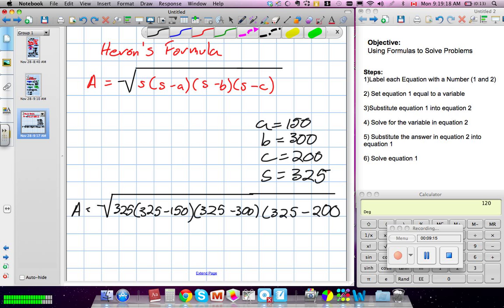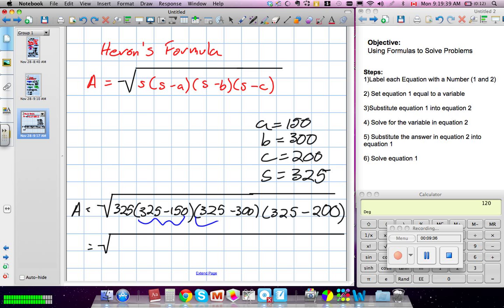Remember, when we go to solve this, we need to work on BEDMAS. So again, this is all going to be under the square root. And what we're going to do is work with the brackets first. I need to solve each pair of brackets before I can get to multiplying all the terms by each other.